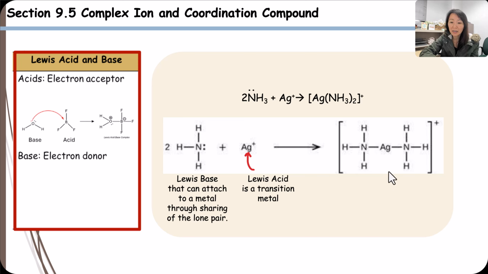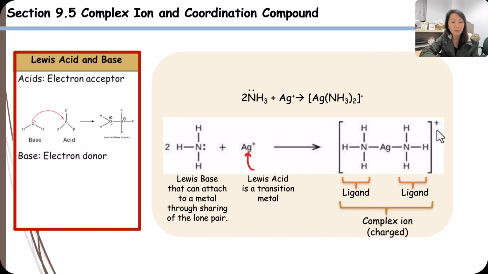On the right-hand side, you have silver and 2 ammonia that are attached. The attached ammonia that act as a base are considered to be ligands. This entire structure with a positive charge in the end is considered to be a complex ion because it's charged.